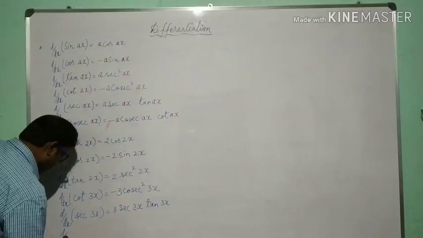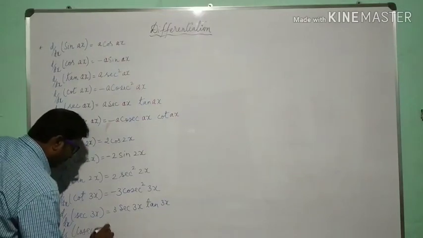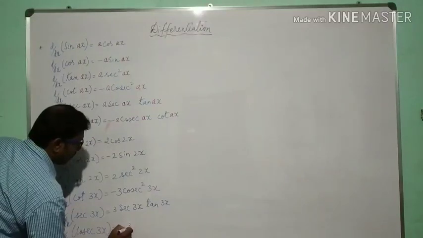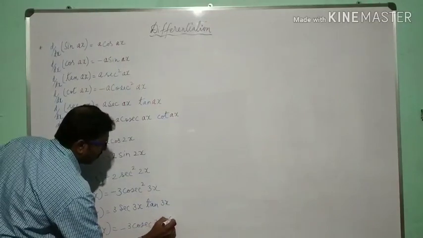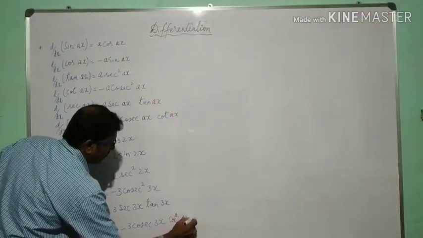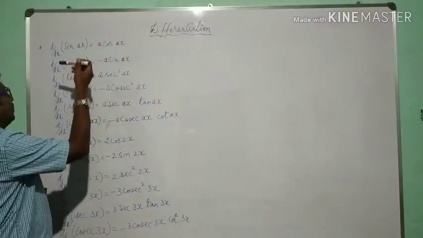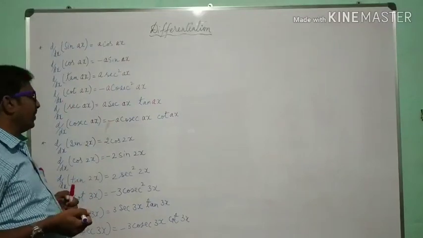And finally d by dx of cosecant 3x is minus 3 cosecant 3x into cot 3x. Similarly, you can have 4x, 5x, 6x, 7x, like that, any values for a.